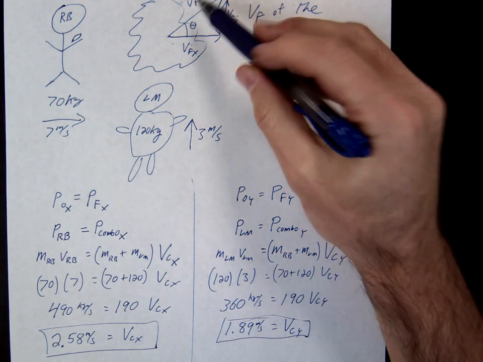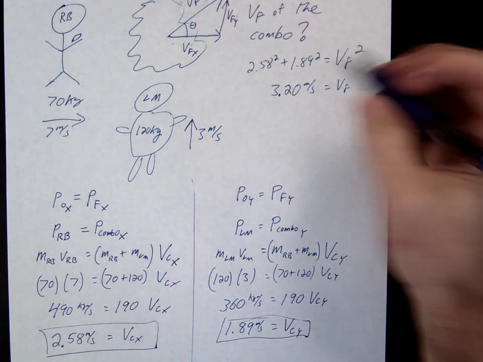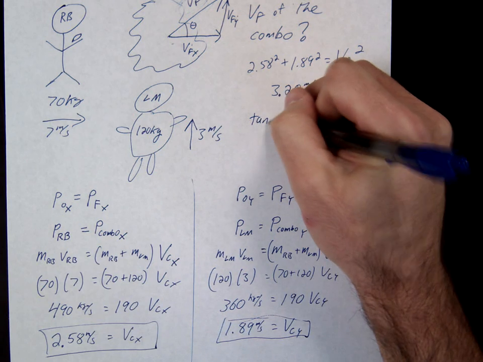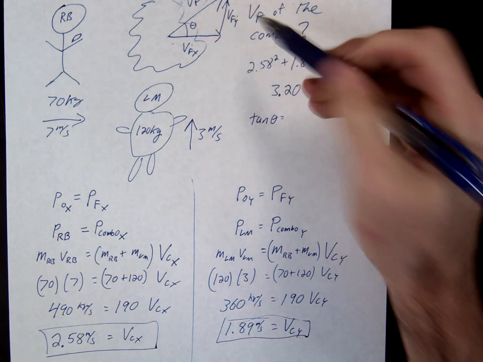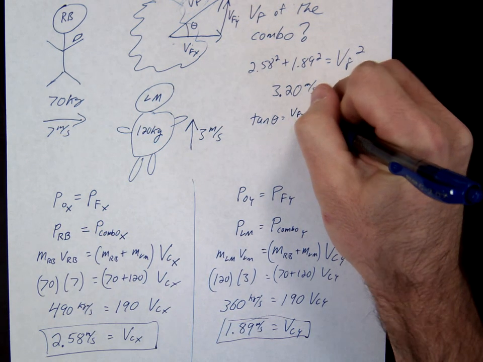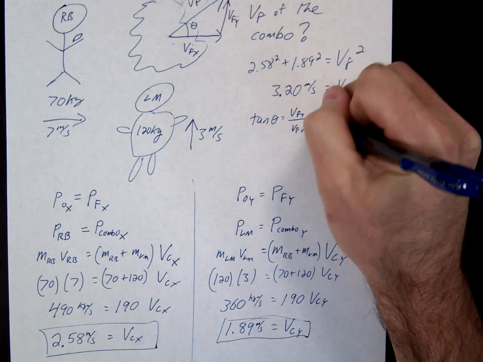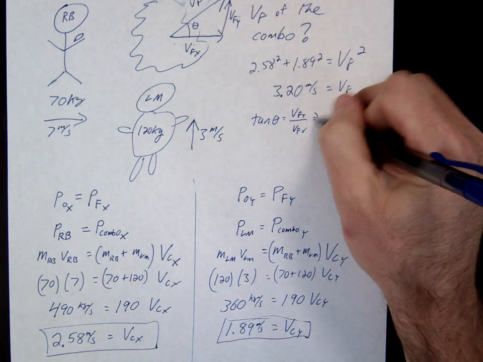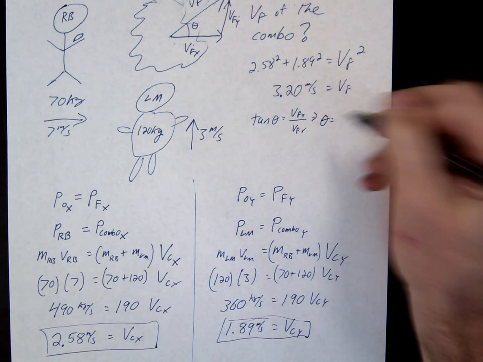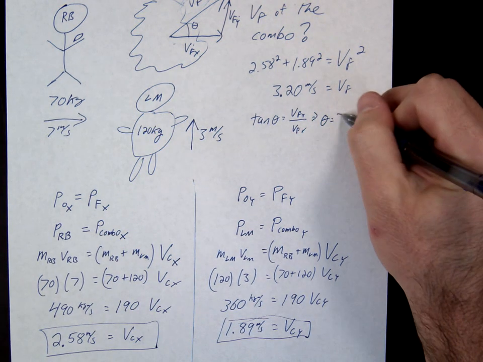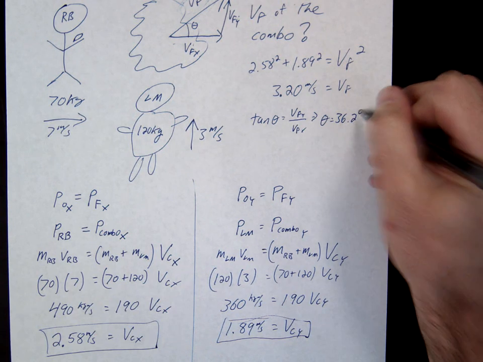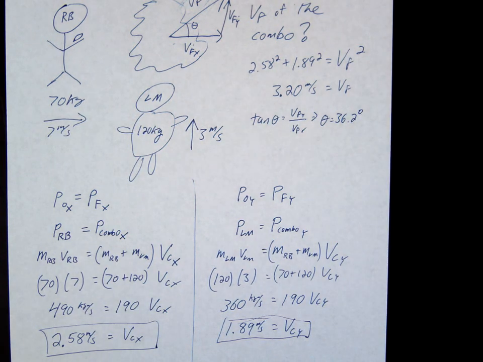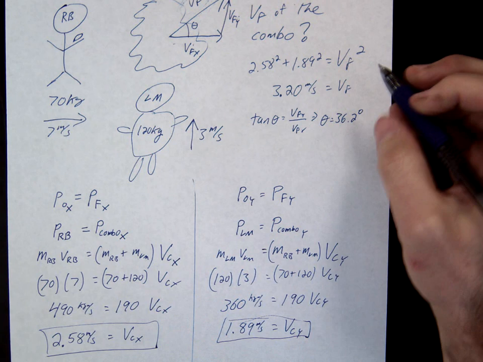Okay, so that's going to be our hypotenuse here. Then we're going to do our tangent, right? Tan theta equals opposite, v final y, over adjacent. Theta equals what? 36.22. And how do we say this angle?